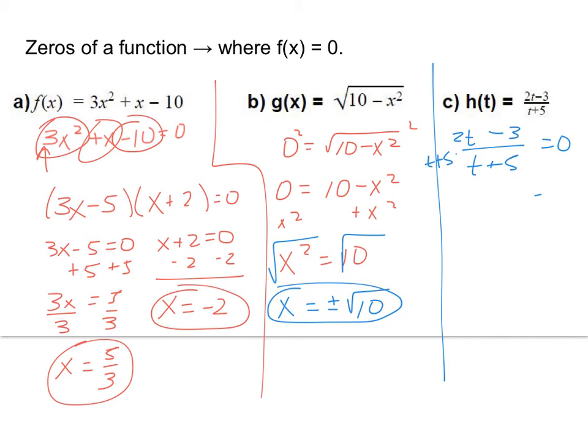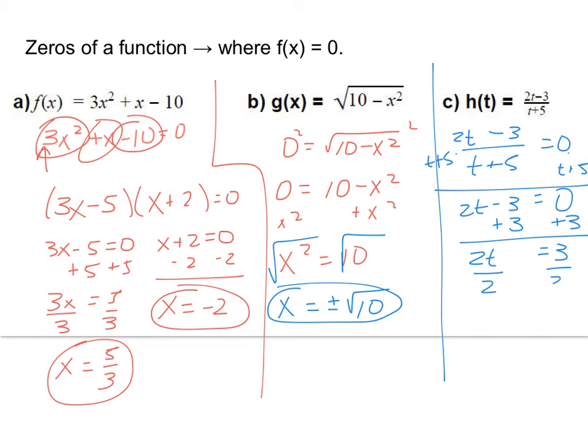And we know that 0 times t plus 5 is going to be 0 still. And so over here I've got 2t minus 3. And I'm just going to solve. These types of equations are ones that we have looked at extensively so far. And so using those strategies is going to be crucial in this case. Okay, so t is equal to 3 over 2.